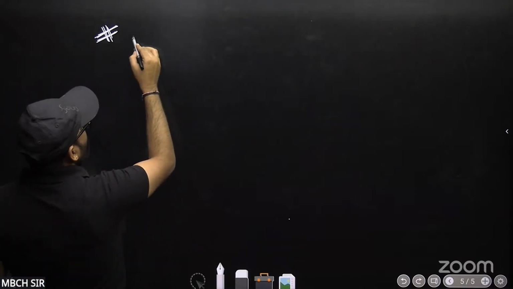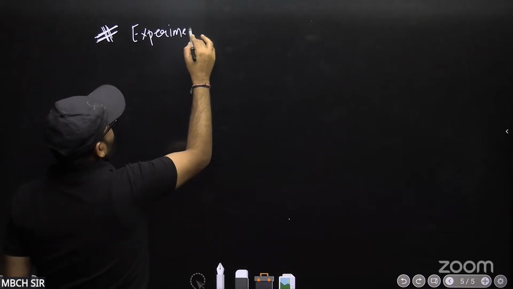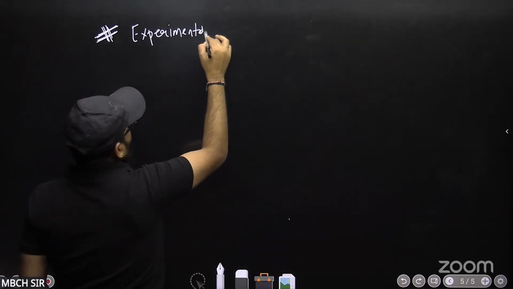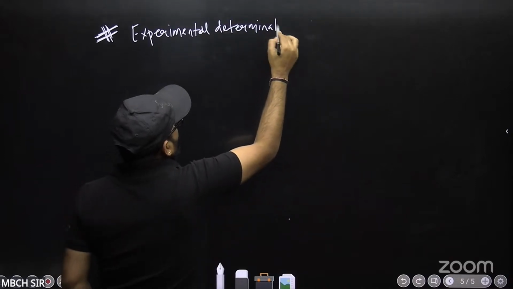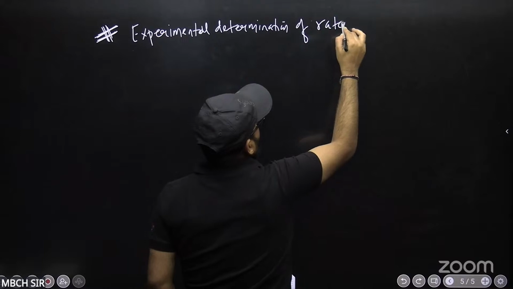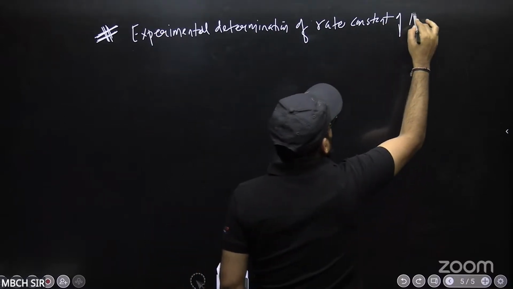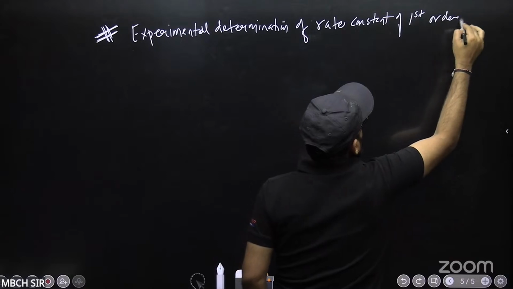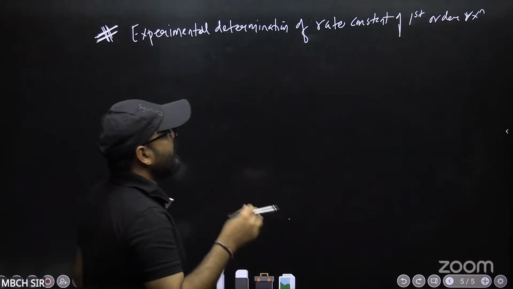In this section, we are doing experimental determination of rate constant of first order reactions. Only first order reactions, not zero, second, or nth order.